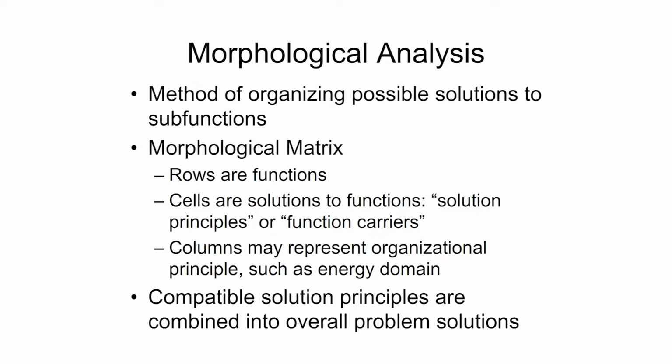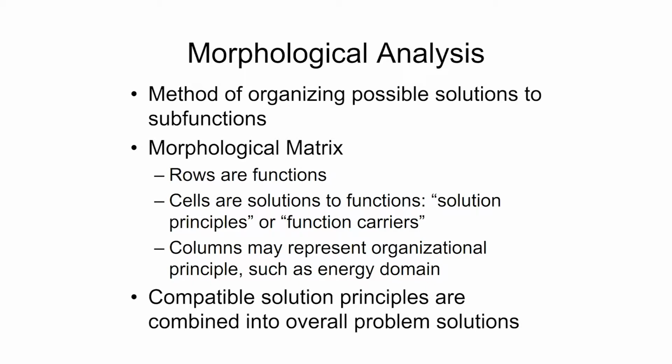And it's built around creating a matrix called a morphological matrix in which the rows represent functions. So you choose the important or hard to solve functions in a design problem, and those become the rows in the matrix. And each cell is a solution to the function.